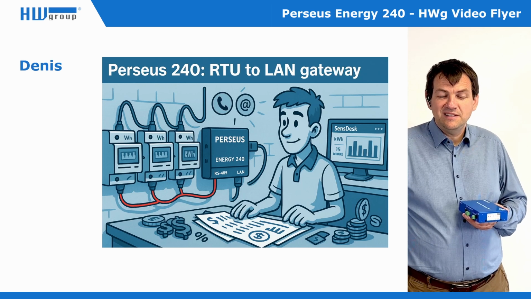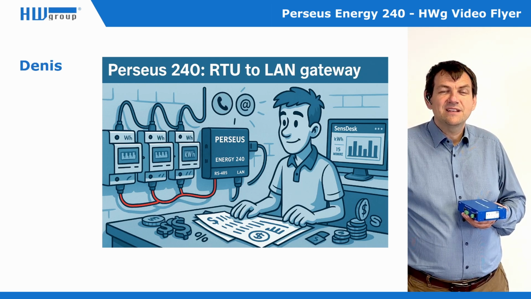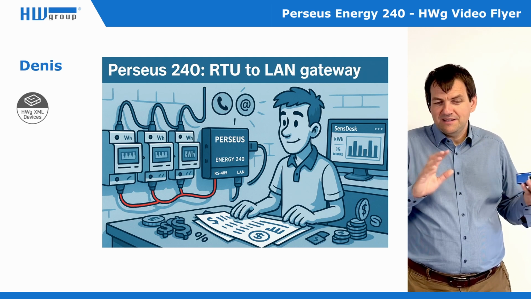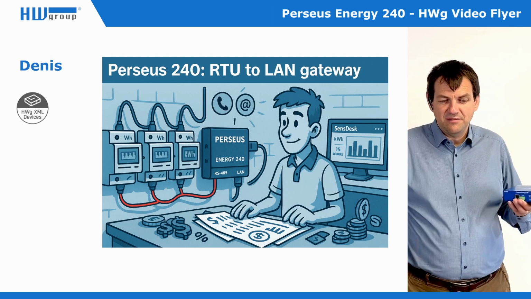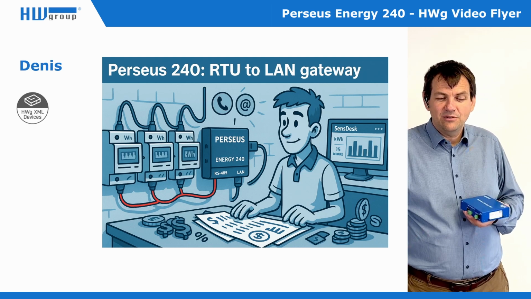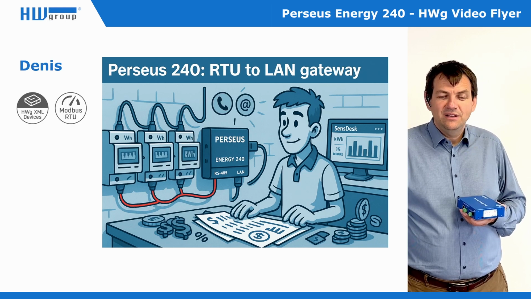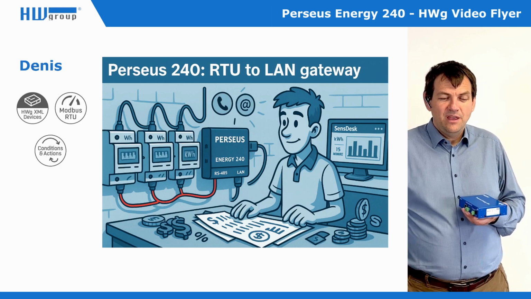This is a typical use case by Dennis. Dennis is using the Perseus exactly for metering data from third-party electricity meters. So yeah, above the meters there can be some other sensors, for example, a temperature sensor or something like that, and our devices over the network, and Modbus RTU input.